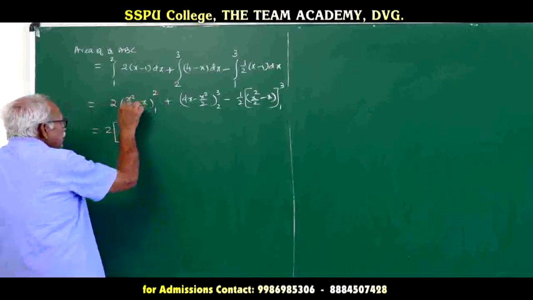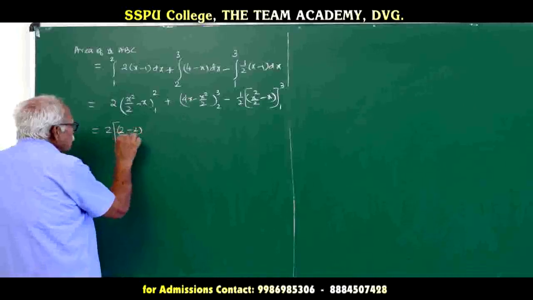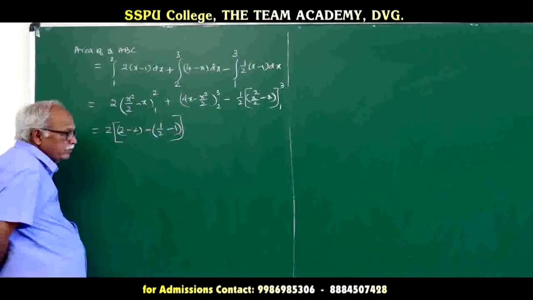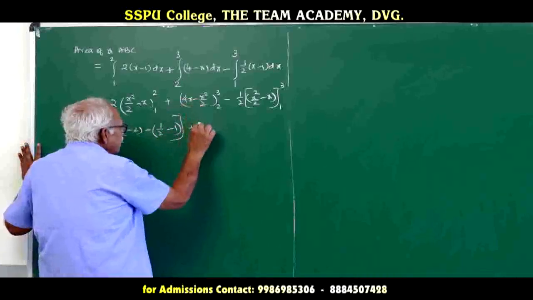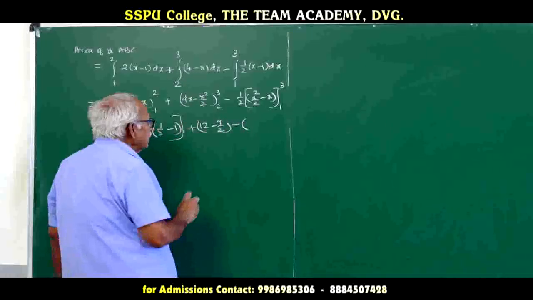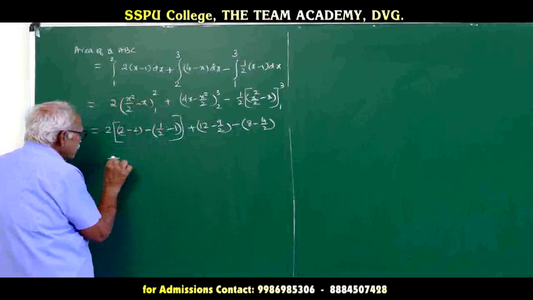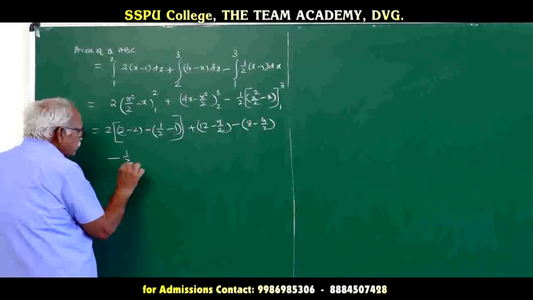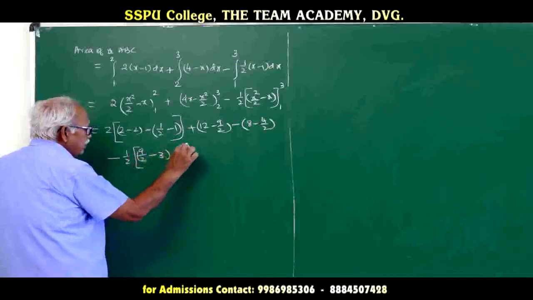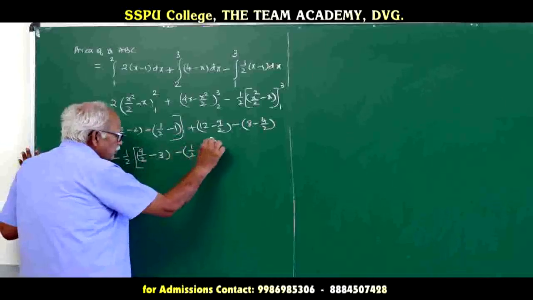So, here 4 by 2, that is 2 minus 2 upper limit, lower limit is 1 by 2 minus 1. Now, here 12 minus 9 by 2 upper limit minus lower limit is 8 minus 4 by 2. Then the third one is 1 by 2 into 9 by 2 minus 3 upper limit minus the lower limit is 1 by 2 minus 1.